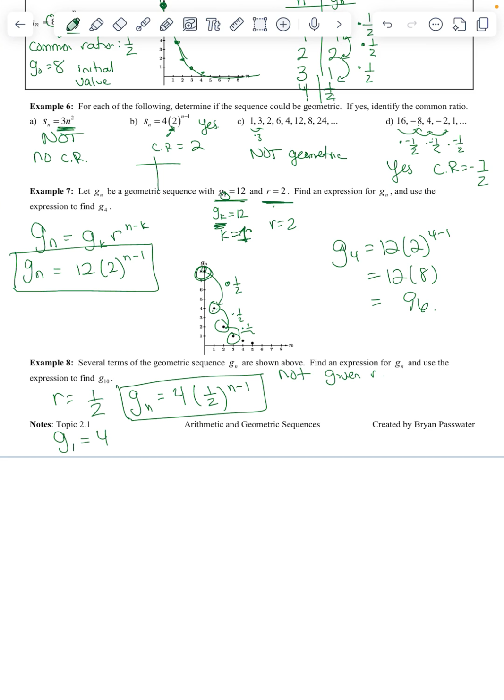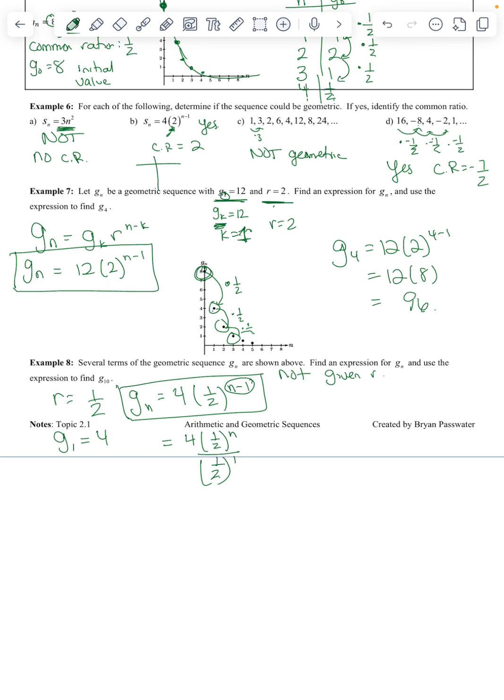Now from this expression, if it's a multiple choice question, I can simplify this to 4 times (1/2) to the n divided by (1/2) to the 1, right? Because that's the properties of exponents.